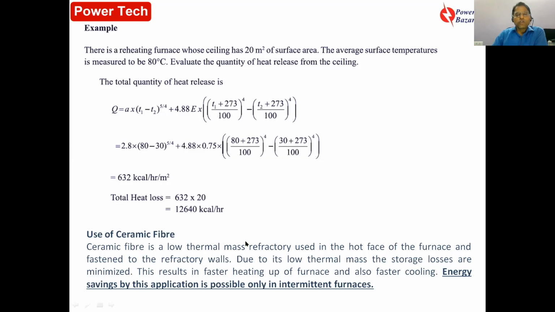That stored heat will be lost when the furnace is not in operation, because it is an intermittent furnace. Now if it has a low thermal mass, that means this ceramic fiber will not absorb much heat initially, so storage loss will be low, and it also does not release that much heat, so there is faster heating of the furnace and faster cooling as well.